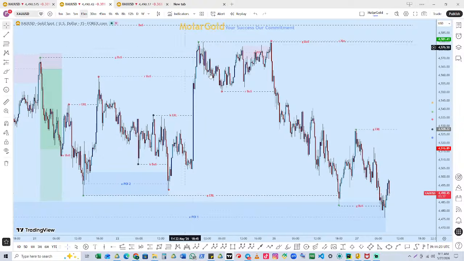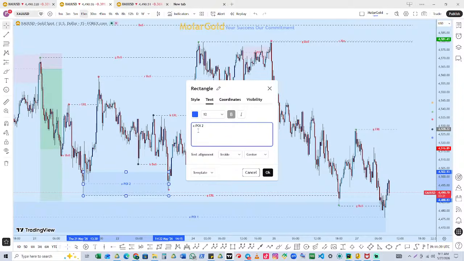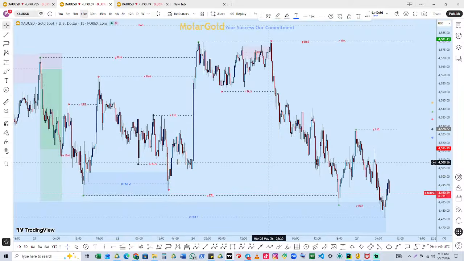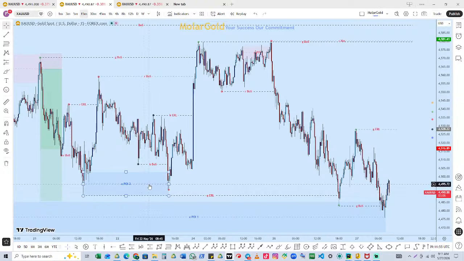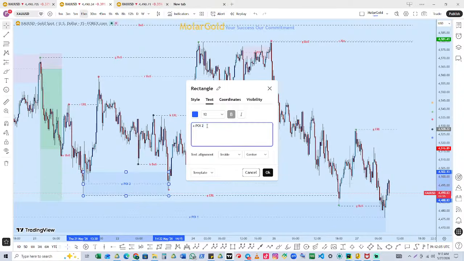So if there's a minor inducement, then it means that we are either going to trade inside this XPY, or we're going to trade inside this other XPY. This is an internal XPY, XPY1.